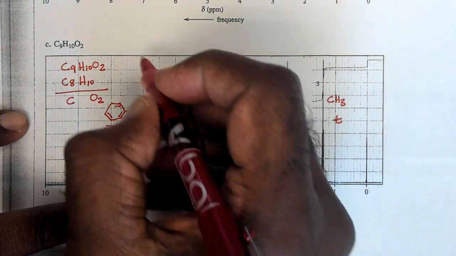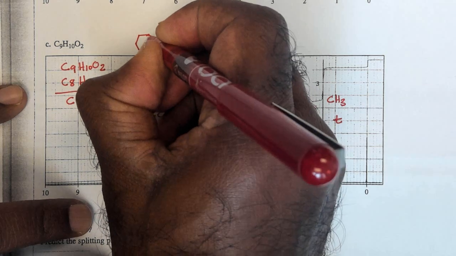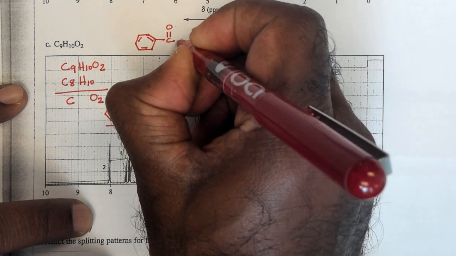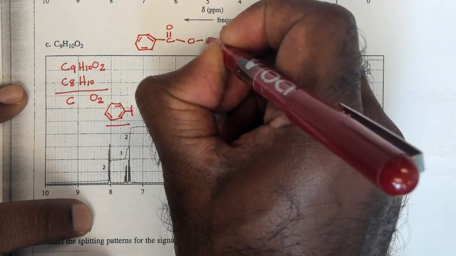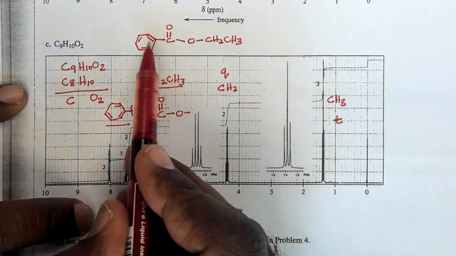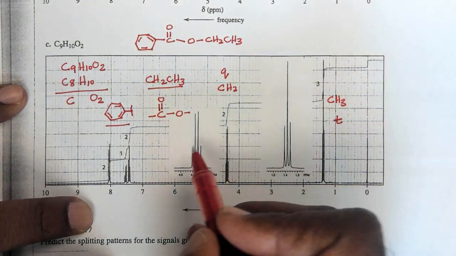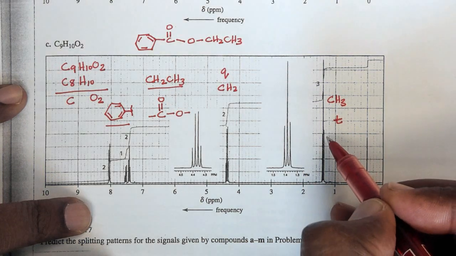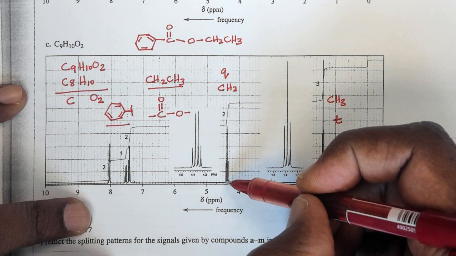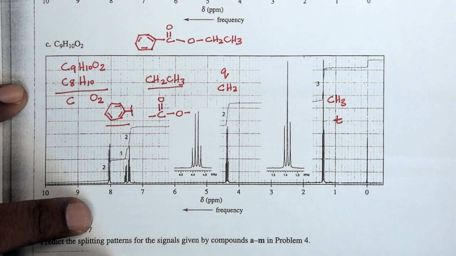Alright, so the structure for this molecule would probably be the aromatic ring joined to the carbonyl, joined to the oxygen, joined to the CH2, CH3. And you can see from here I have 5 aromatic protons. So the CH2 would be a quartet, it is. The CH3 would be a triplet, it is. The CH2 would be de-shielded because of the oxygen at 4.2, and it is. So this is the structure for this particular compound.